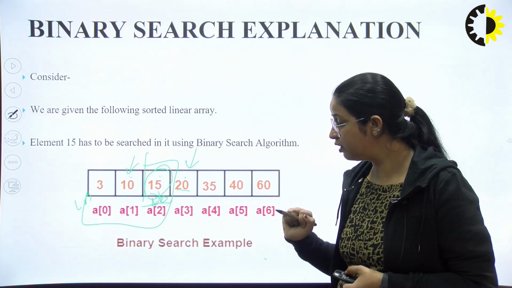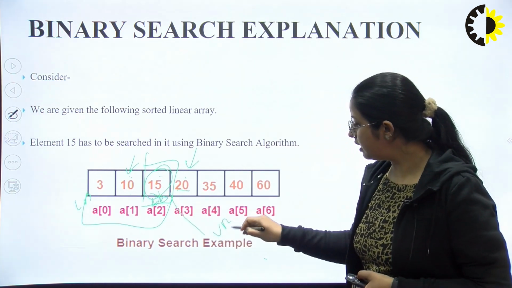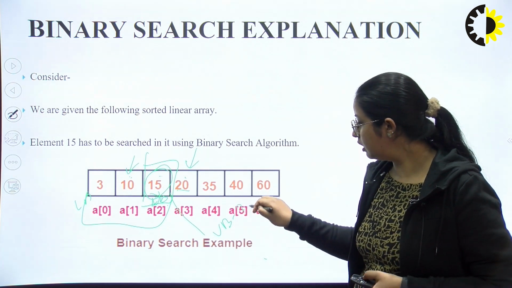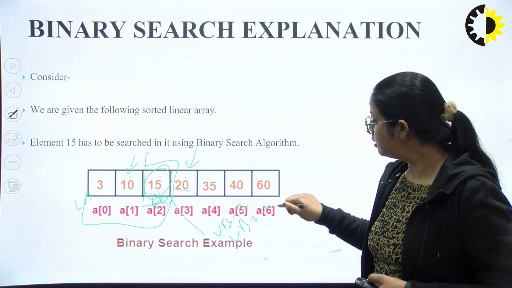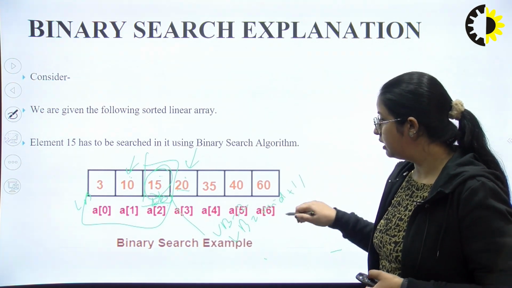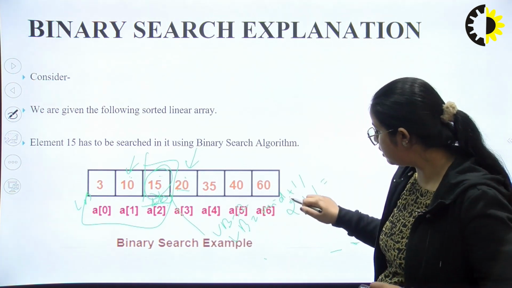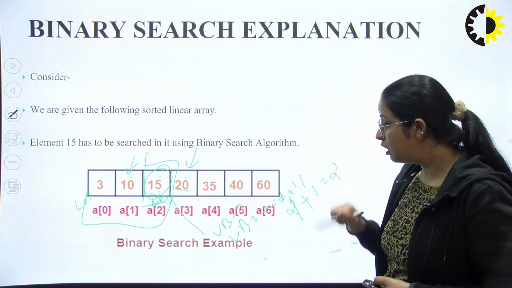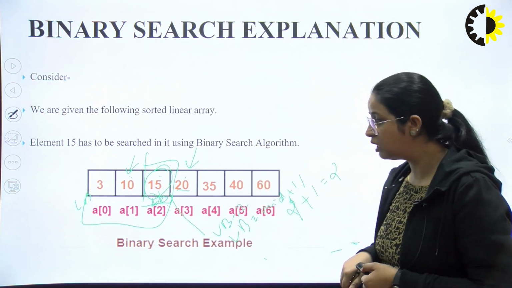Our upper bound is 2, but what is our lower bound? Mid plus 1, that is, mid is 1 plus 1, that is 2. Now you get a point where upper bound and lower bound are both equal.